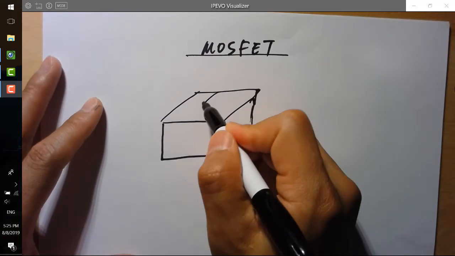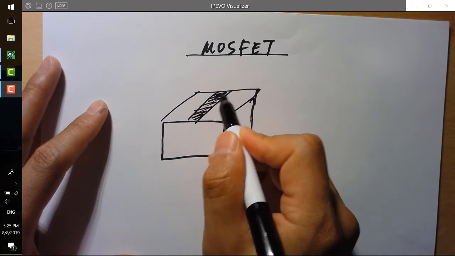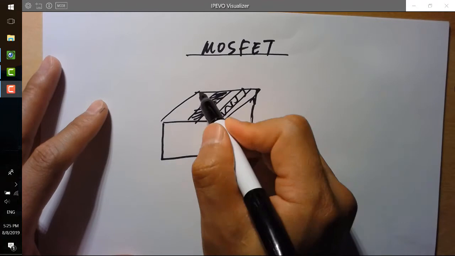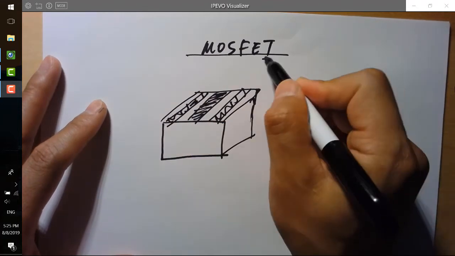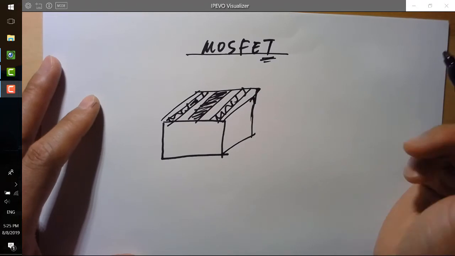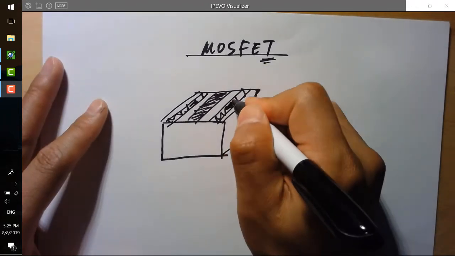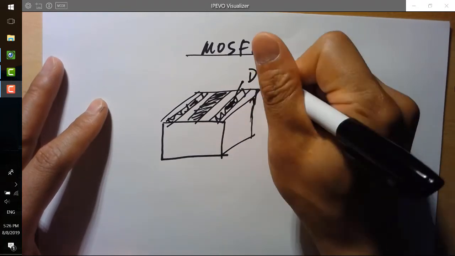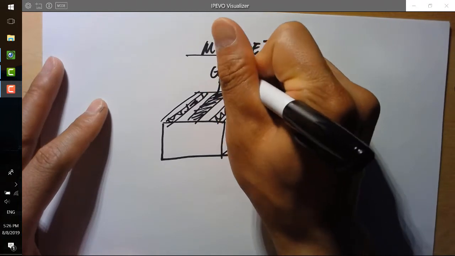Of course, it's 3D. There's a metal on the top in the middle, and there's another contact and a third one. It's a transistor, which means it has 3 terminals. You have a metal contact. This terminal is called drain. This terminal is called gate.